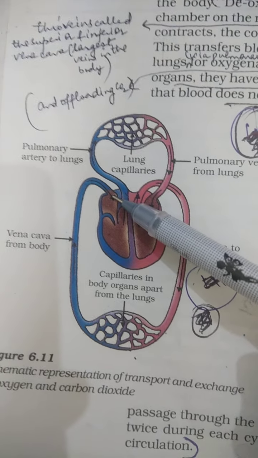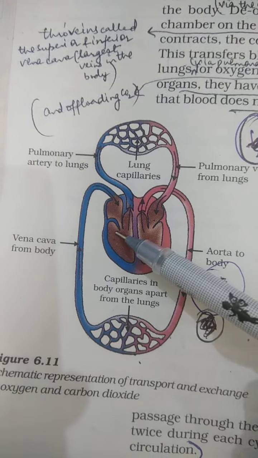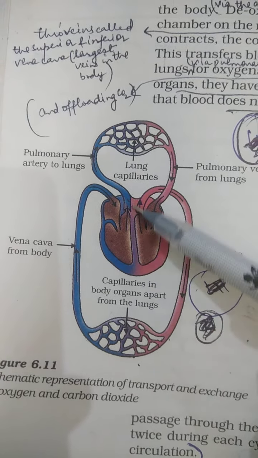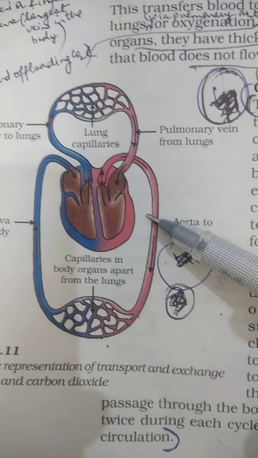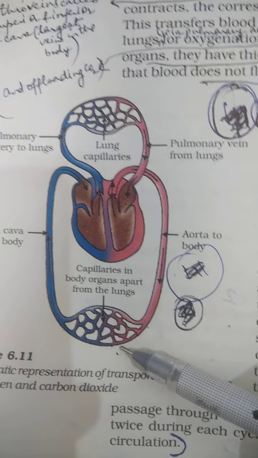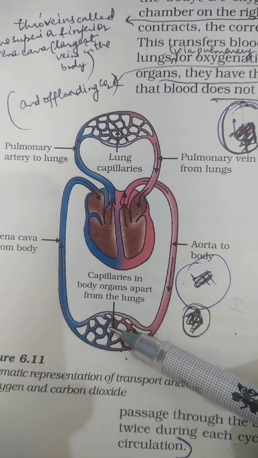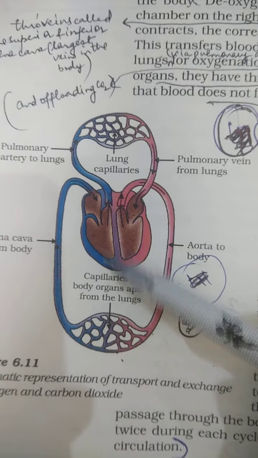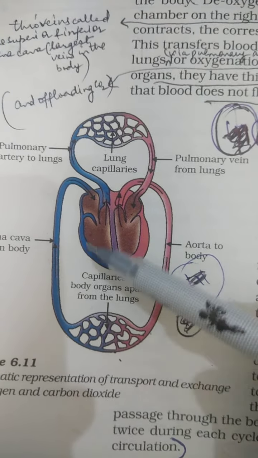They are bringing the deoxygenated blood back to the right side of the heart, and then by means of the pulmonary artery this deoxygenated blood is again going to the lungs for oxygenation. So the network of vessels means the arteries, veins and capillaries. The arteries branch into arterioles, then further branch into capillaries. Capillaries join to form the veins, and the veins then bring the deoxygenated blood to the heart, and then it goes to the lungs, to the pulmonary arteries.